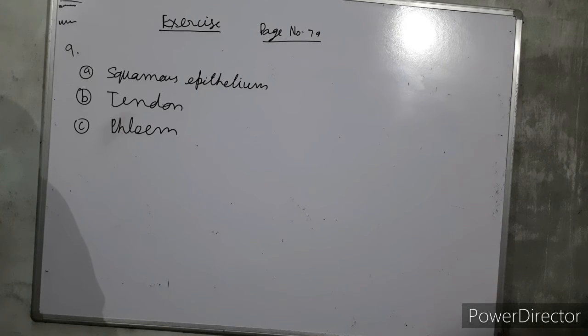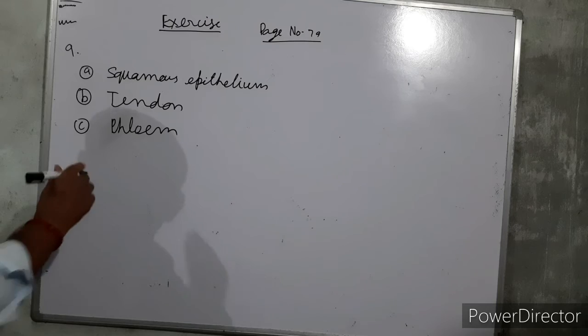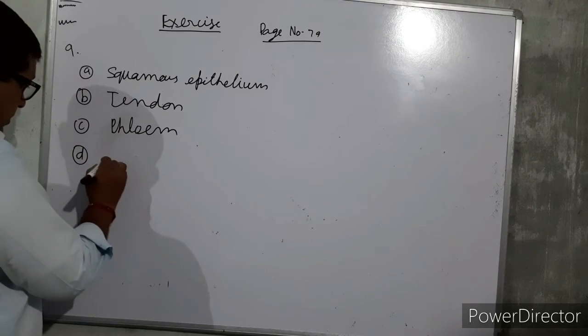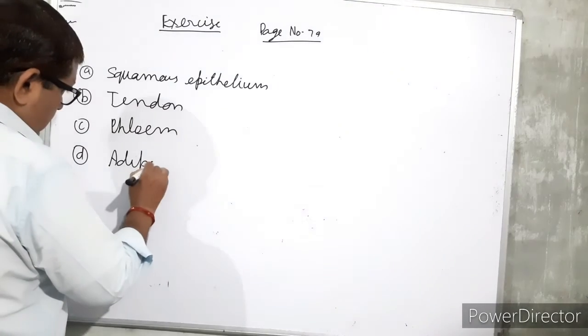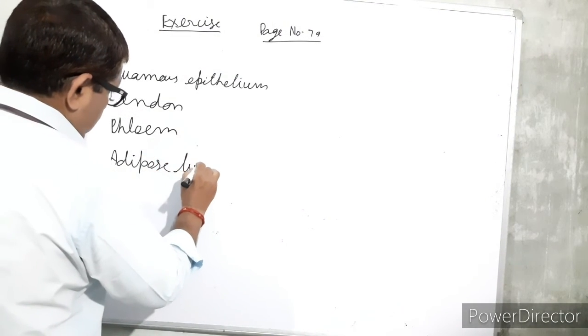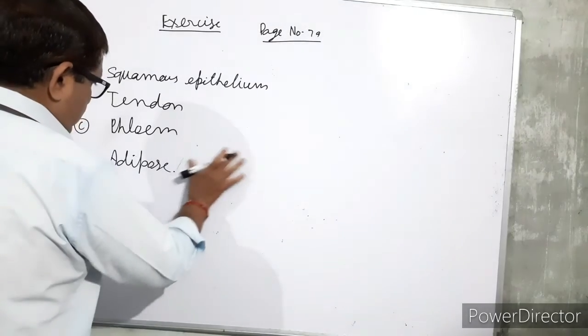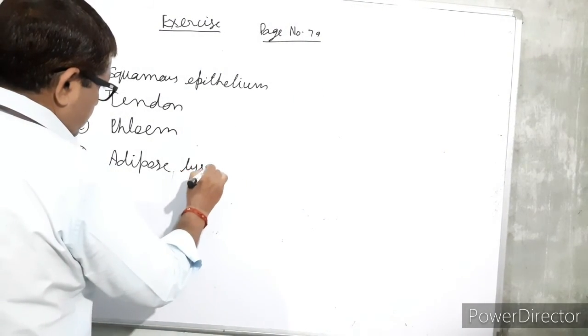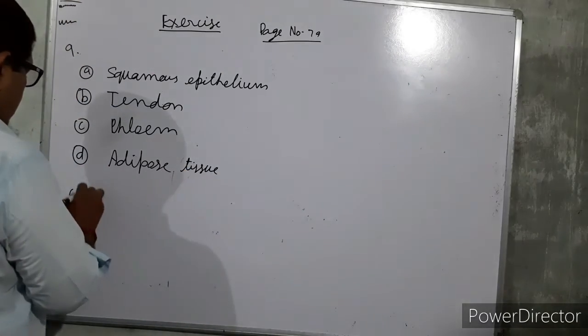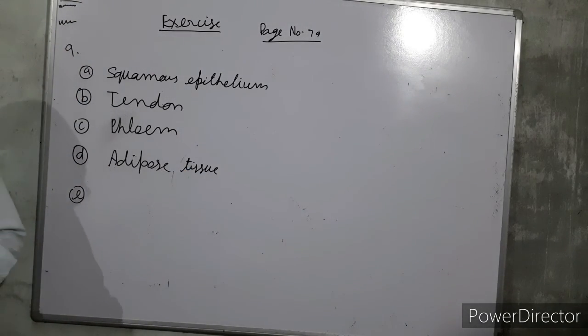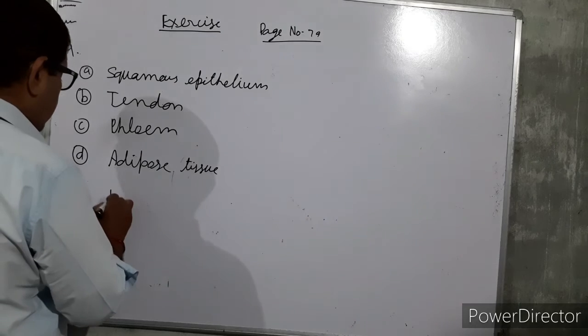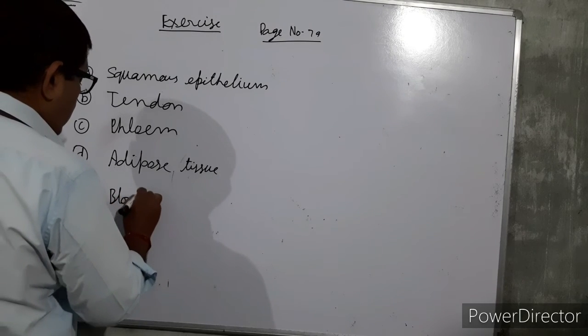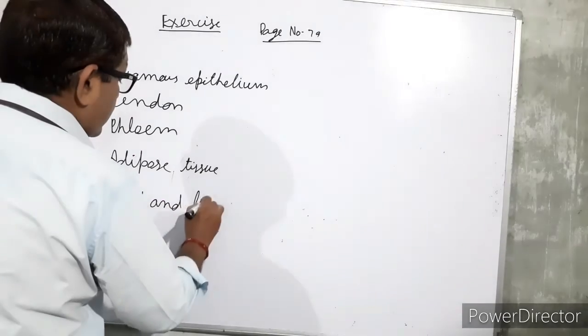Adipose tissue is the tissue that stores fat. Now, connective tissue with a fluid matrix: that is blood and lymph.